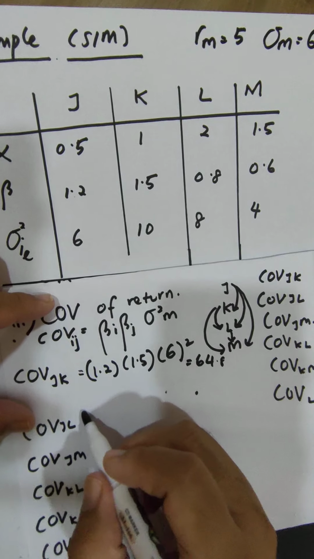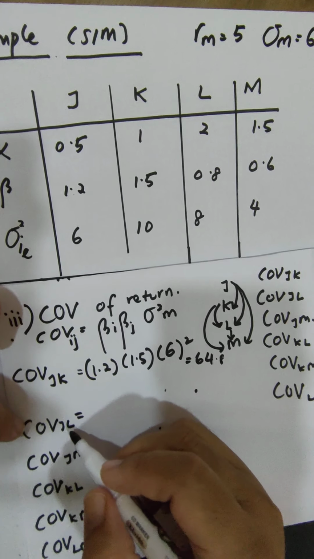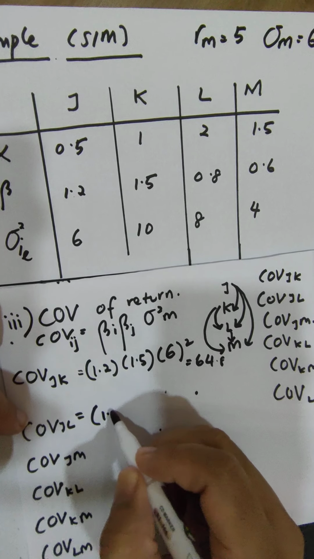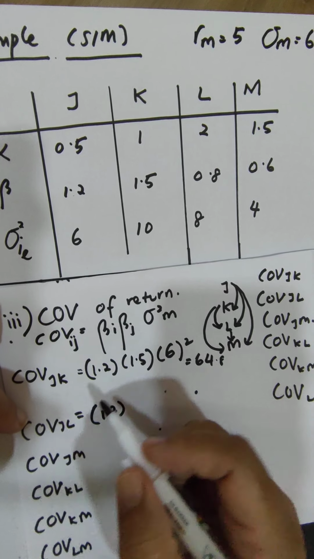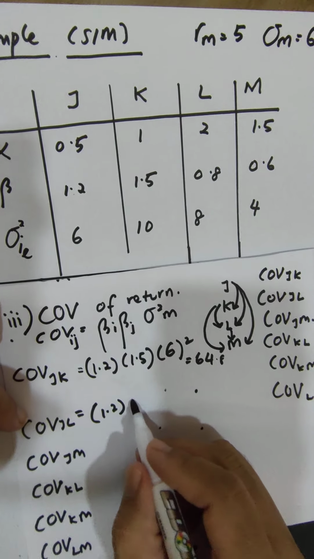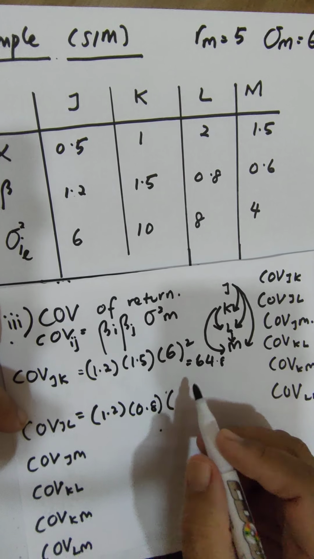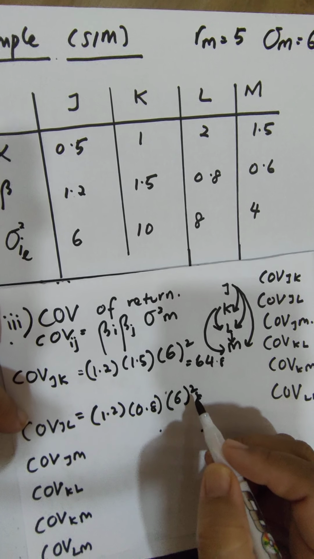Next, covariance of J and L. Beta for J is 1.2, beta for L would be 0.8, and then you multiply with the variance on market. Everything should be the same.